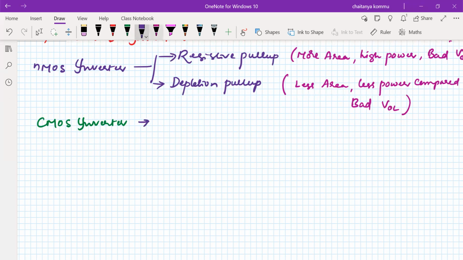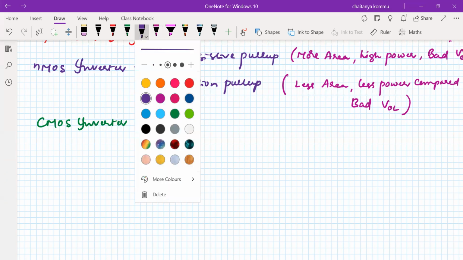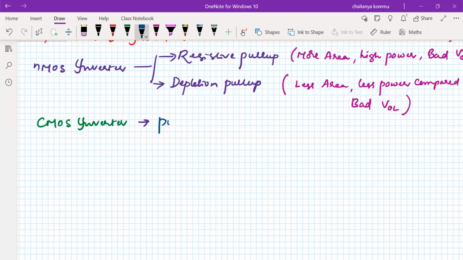The pull-up is replaced, or the pull-up is realized, by a PMOS transistor. Sorry, PMOS transistor. So that's what we need to understand.